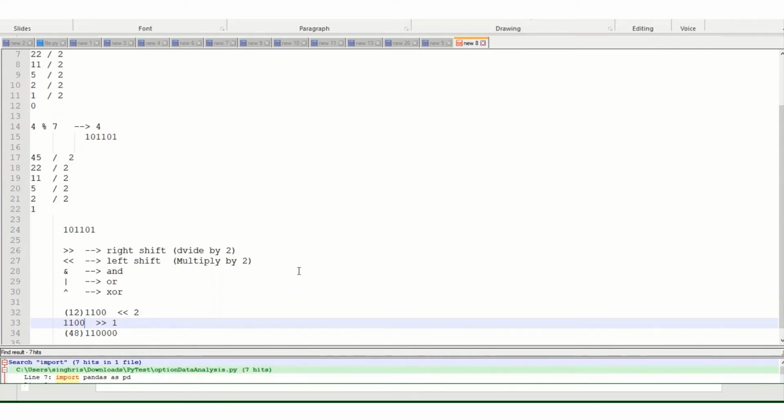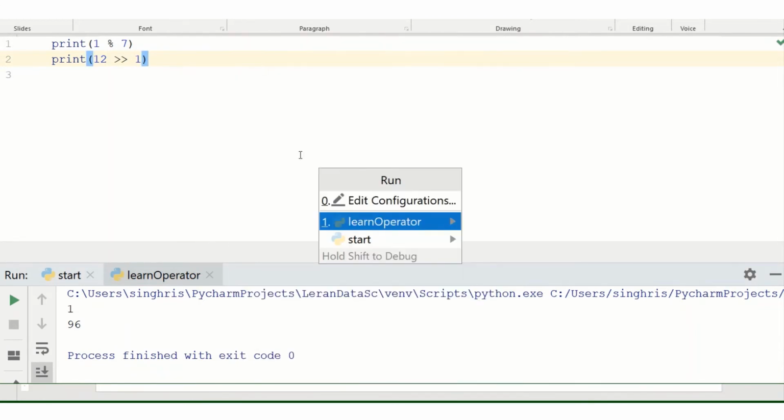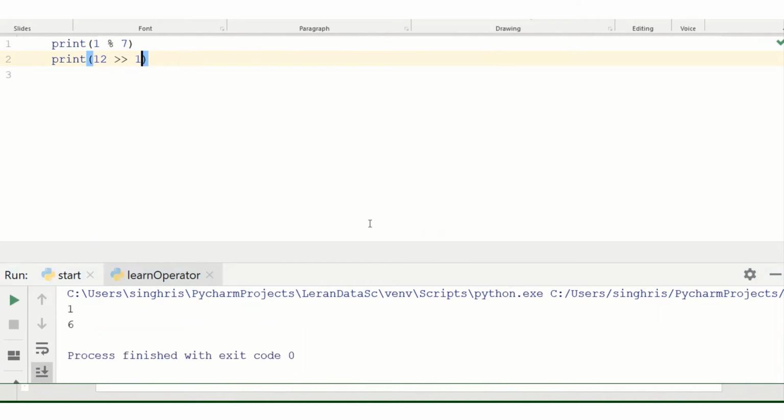You are dividing this number by 2. Let's see this, I am just shifting by 1. So you see the result is 6, because 12 is divided by 2. So we will get 6.